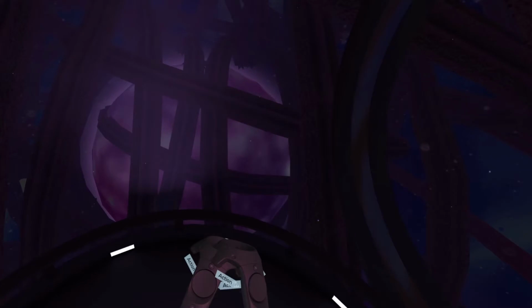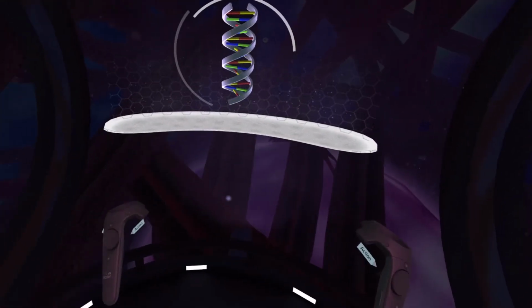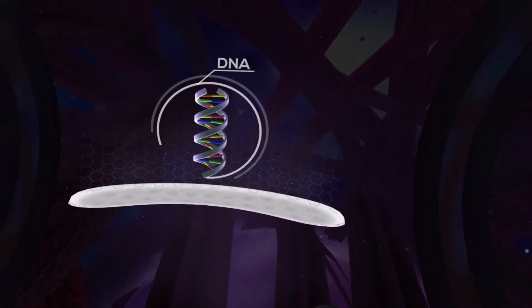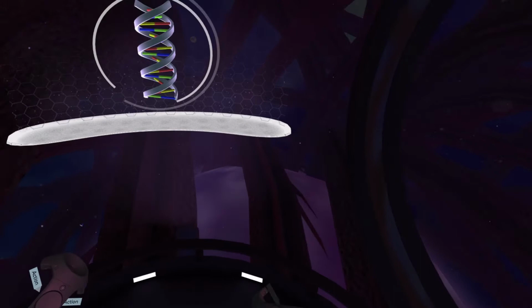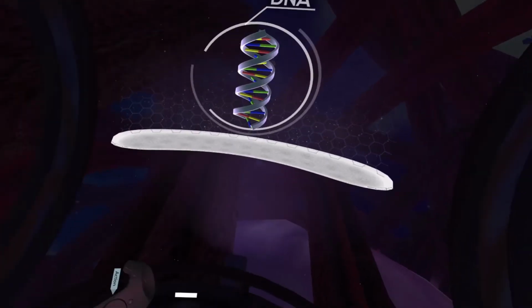Here we are inside the nucleus, the control center of the cell, containing the majority of the cell's DNA. DNA, or deoxyribonucleic acid, is a molecule that carries our genetic code.